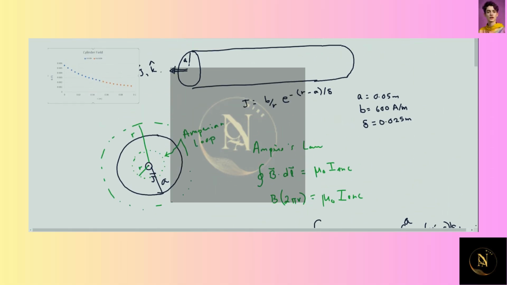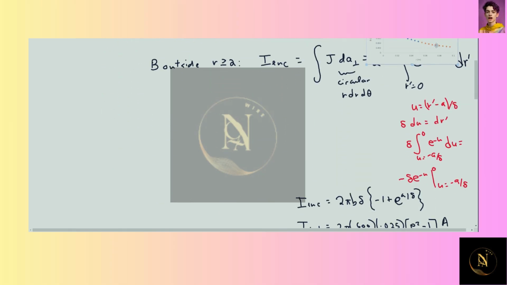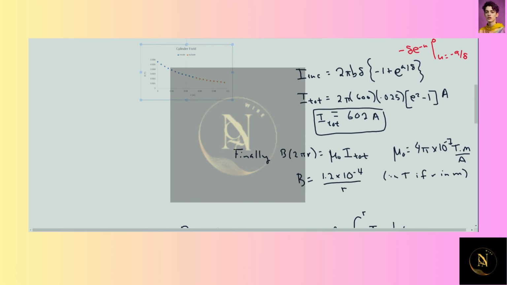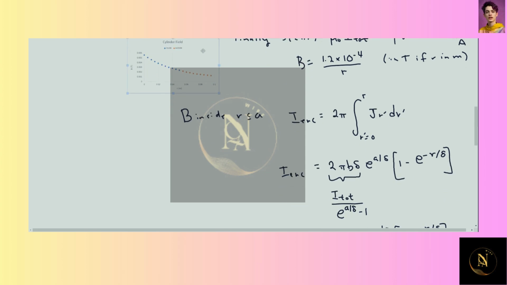Yeah, here's my graph. And interestingly enough, the magnetic field is the strongest at the center of the wire. And it just nicely decays down from there. Looks almost like a smooth decay.